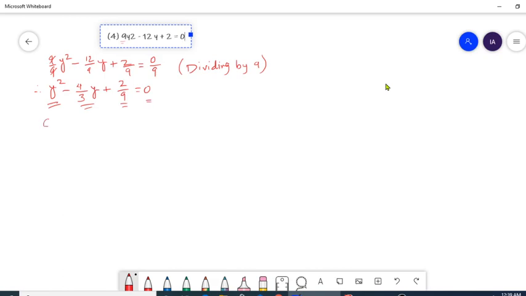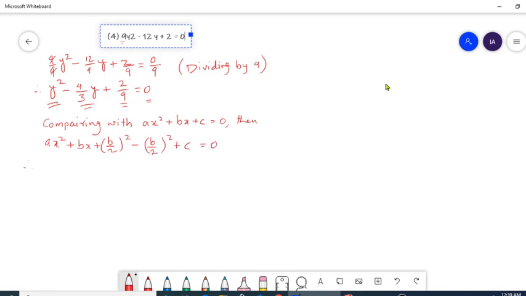So again, what we will do? We will make comparison. Comparing with ax square plus bx plus c equals to 0, you can write this equation as (x plus b by 2) whole square minus (b by 2) whole square plus c equals to 0.